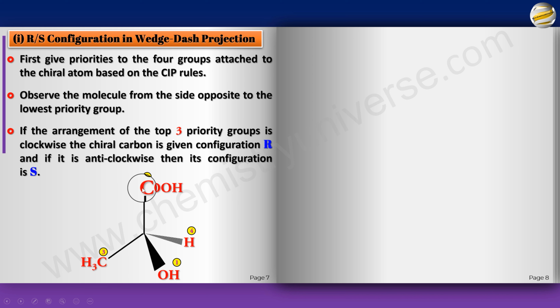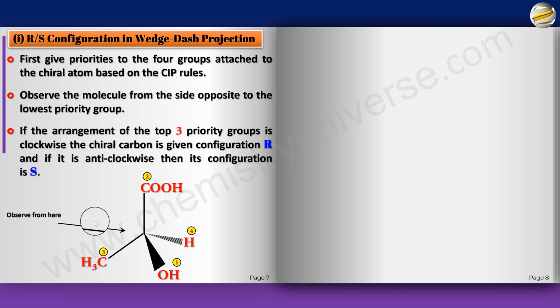And now remember the meaning of this. These 2 lines are on the plane of the screen, the plane of the sheet. This is coming out of the plane. This is going behind the plane. Now you have to observe the molecule from the side where 4 is farthest away from you, which means the opposite of 4. That means you need to observe from here.